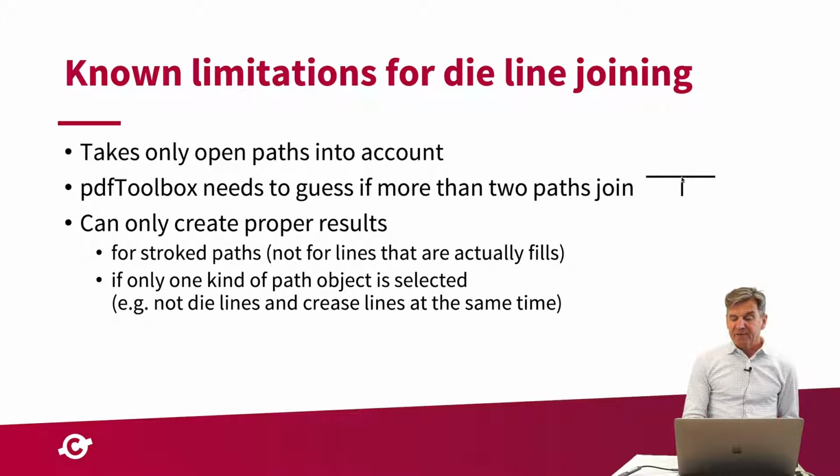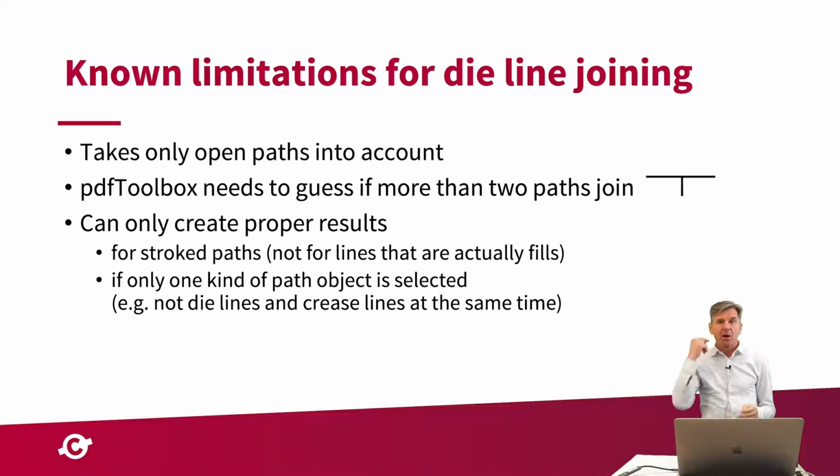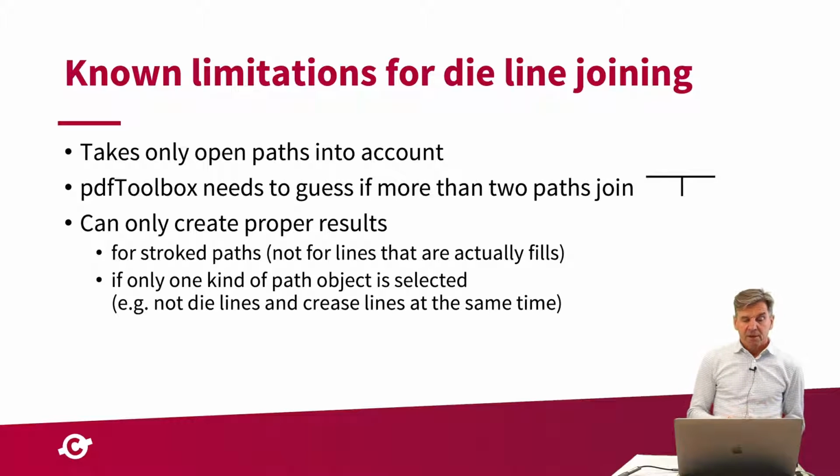Assume you have 3 path objects here that just join in one spot. It has to guess somehow what has to be connected and what not. So in such cases, the result is not predictable. It's kind of undefined what comes out of it.